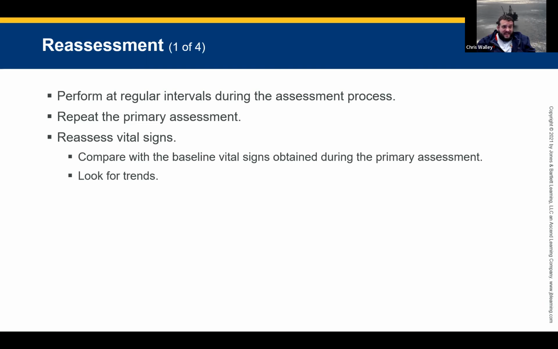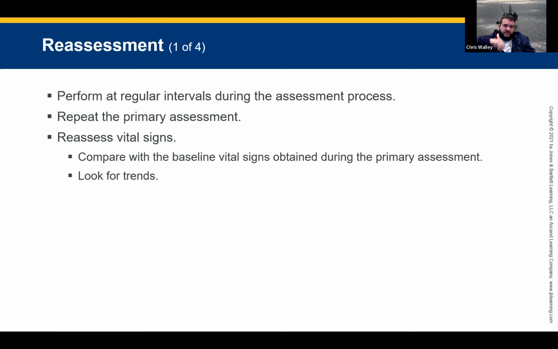If you've had time to reassess them, you were a long ways out. In all my years, I haven't ever really gotten to a detailed reassessment. A lot of the time it is my initial assessment, my treatment, my secondary assessment, and that's where we are.